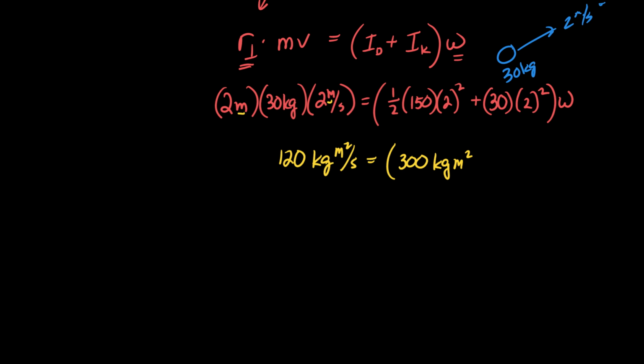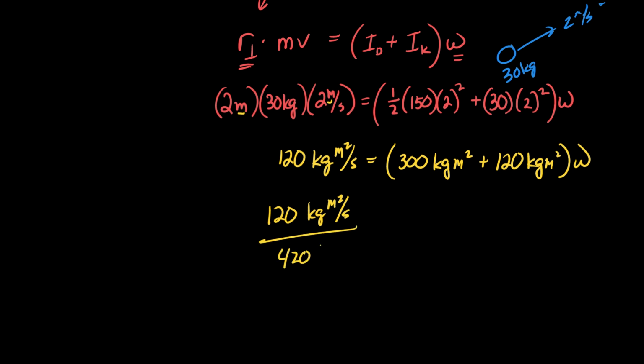Plus 30 times 2 squared is 120 kilogram meters squared times omega. Now, that's going to be 120 kilograms meters squared per second divided by 420 kilogram meters squared equals omega.